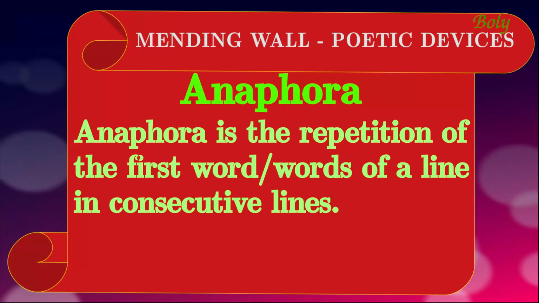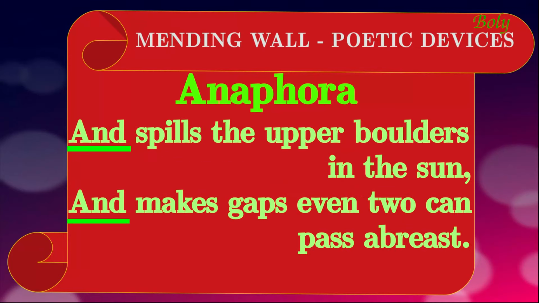Another poetic device used in the poem is anaphora. Anaphora is the repetition of the first word or words of a line in consecutive lines. You can see two examples of anaphora in the poem. First one, and spills the upper boulders in the sun and makes gaps even two can pass abreast.